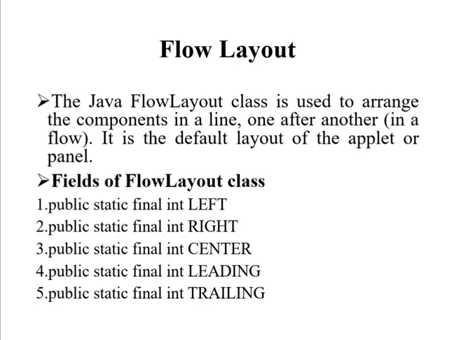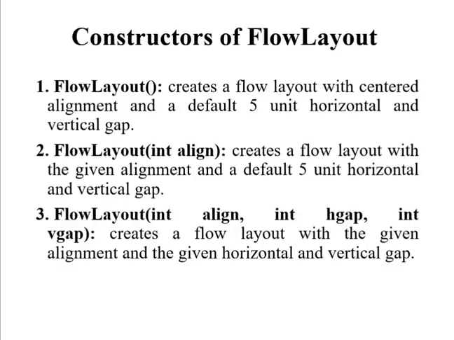Next is the example for flow layout: import java.awt, import javax.swing, public class FlowLayout example, JFrame frame obj, constructor FlowLayout. Example: creating a frame object, that is frame object is equal to new JFrame.